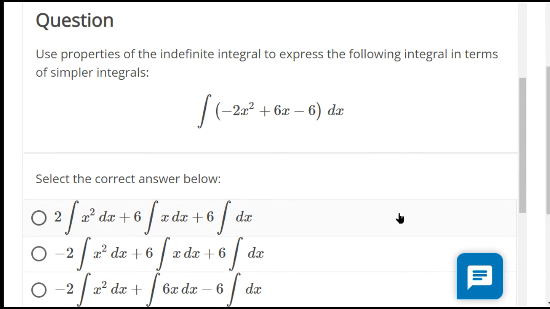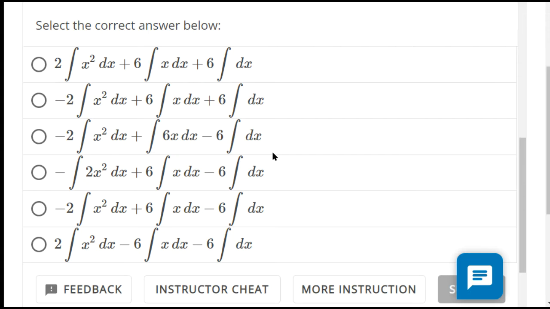Use properties of the indefinite integral to express the following integral in terms of simpler integrals. Oh, gosh. All they're wanting you to realize is that constants come out front and you integrate term by term. How many choices do you need here?